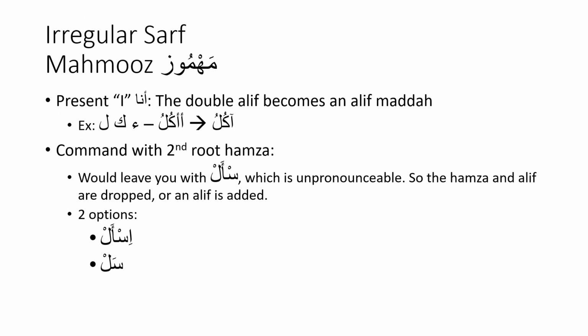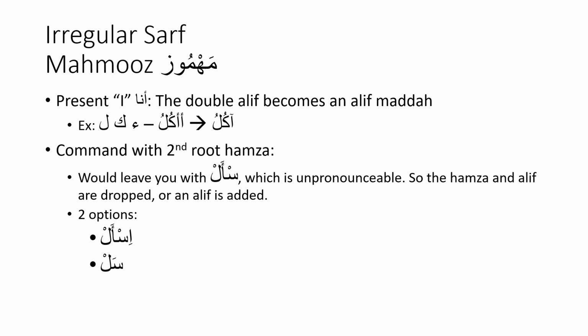Now with regards to form 1, it will affect the present ana or present I form. So the double alif becomes an alif medda, right? Instead of a'kulu, it becomes akulu.